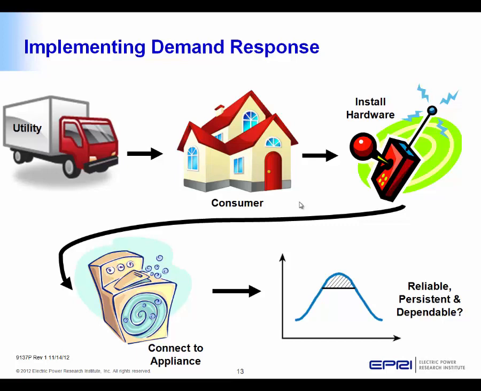Now, one of the issues we have is how do we implement this stuff? I mean, if I'm going to do this here using a residential example, I'm a utility. I've got to roll a truck out to the customer. That's expensive. I've got to go get the customer, make sure he's home. He didn't change his mind. He didn't forget. He lets me in. I'm able to install the hardware. It's physically possible.